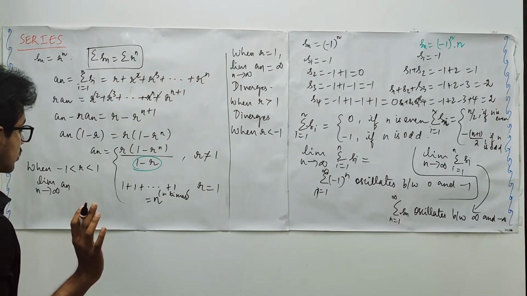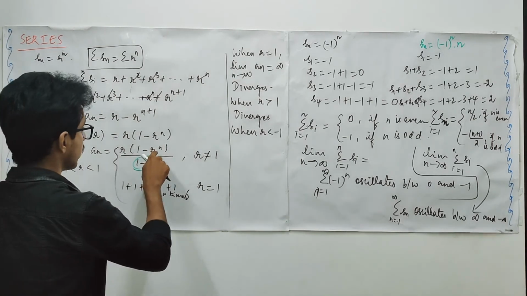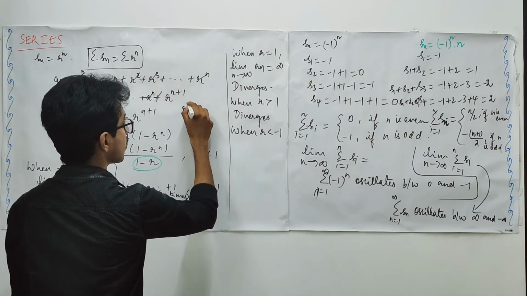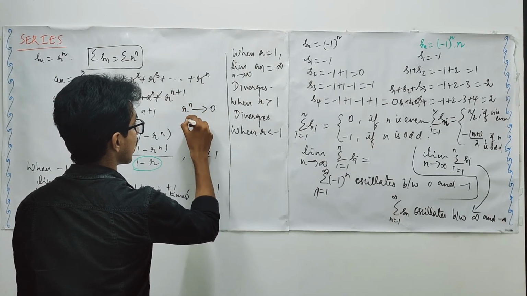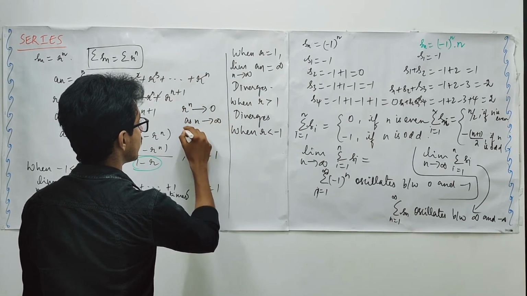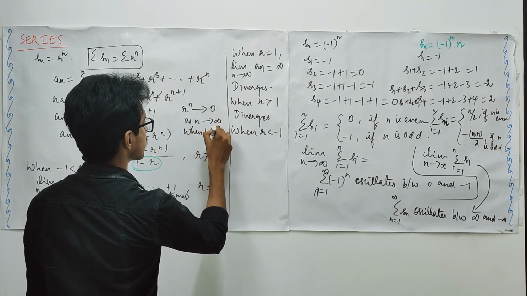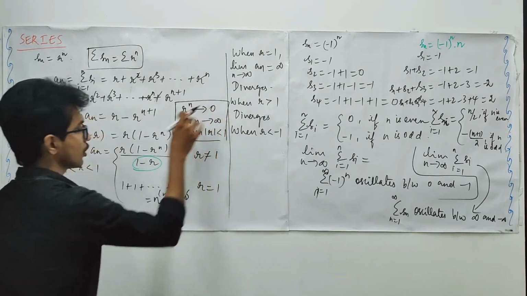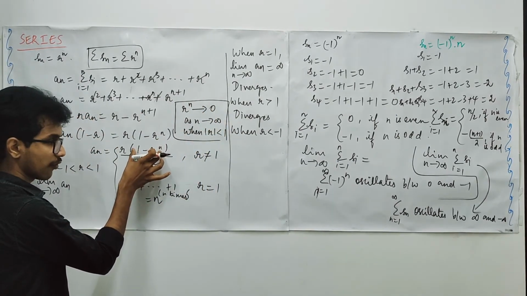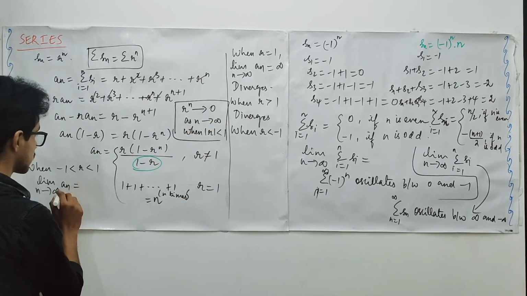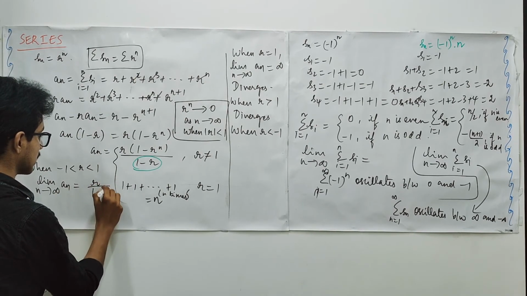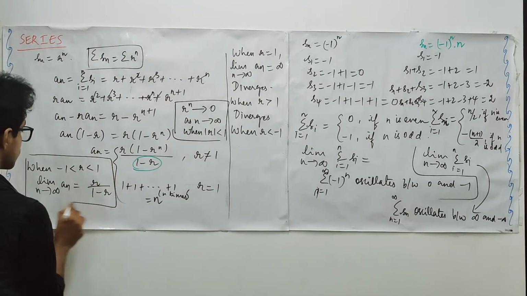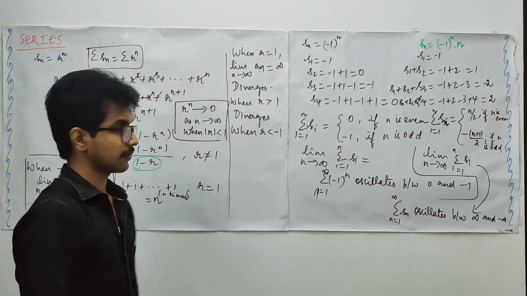Wait, just a minute. It is not going to be 0, it is going to be 1. Your r power n approaches 0 as n approaches infinity when the absolute value of r is less than 1. When you put that here, you are just going to have 1. So this converges to r upon 1 minus r. This is the case when your series is going to be convergent.